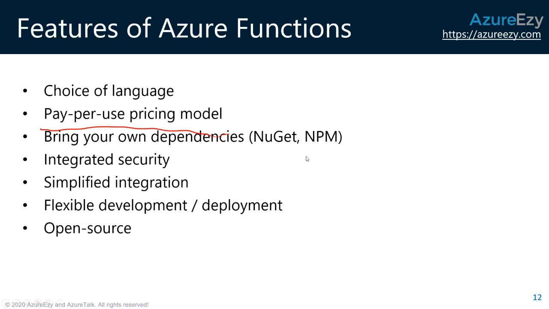Then your development and deployment is really easy. You don't need to create the Azure Function inside your Azure portal. Let's say I'm developing Azure Function in my .NET environment, Visual Studio. I can test it locally, and I can then deploy it from my Visual Studio to the Azure portal itself.